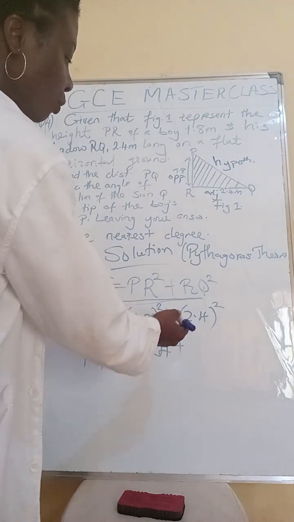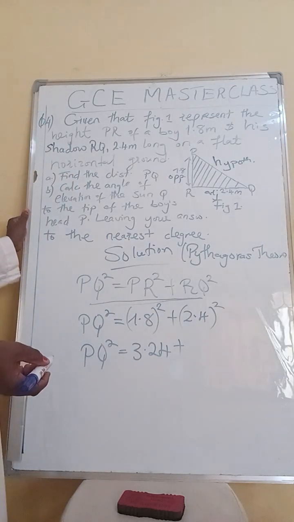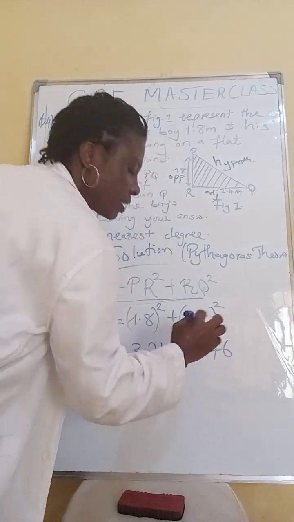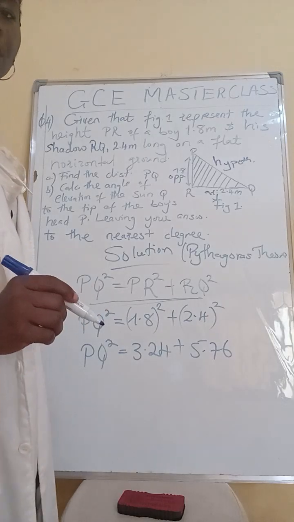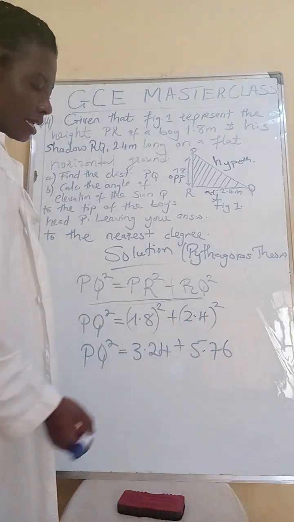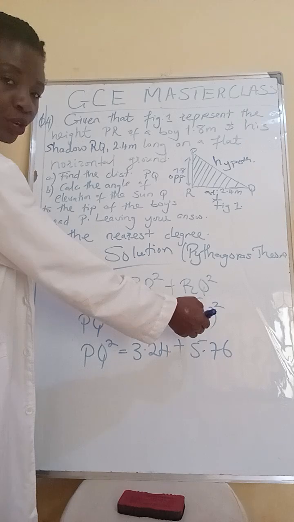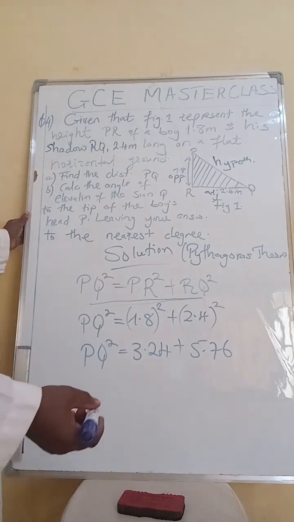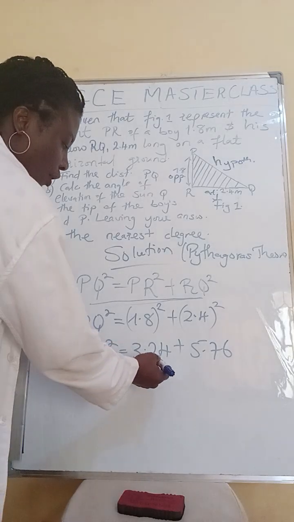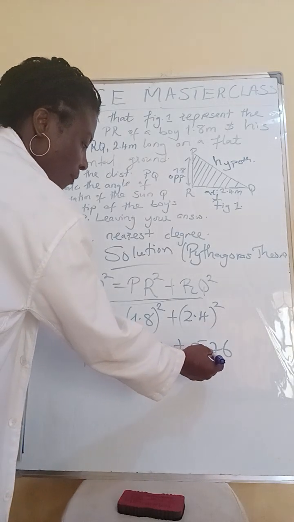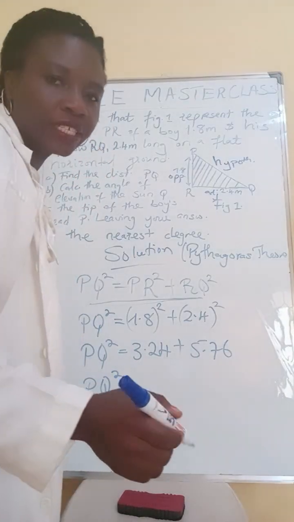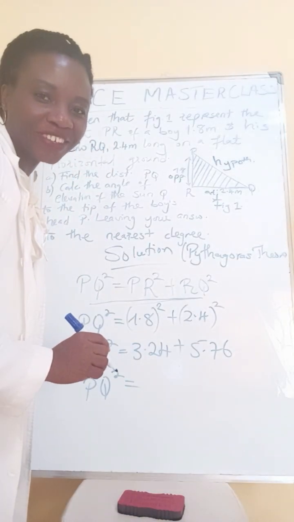And 2.4 meters squared is going to give us 5.76, okay? Once we square the 2.4, okay? So when we add this 3.24 plus 5.76, is going to give us what?